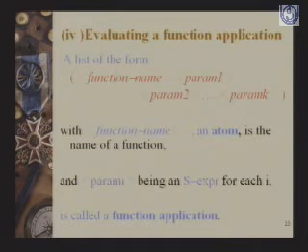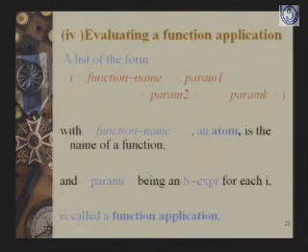For example, if you want to find the sum of the squares of two given integers, we may give the name SUMSQ. So whenever we define a function, first we have to decide the name of the function and then its parameters.